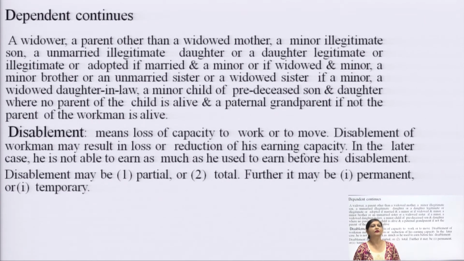In continuation, a widower, a parent other than a widowed mother, a minor illegitimate son, an unmarried illegitimate daughter, or a daughter legitimate or illegitimate or adopted if minor and married, or if widowed and minor, a minor brother or an unmarried sister, or a widowed sister if a minor, a widowed daughter-in-law, a minor child of a predeceased son and daughter where no parent of the child is alive, and a parental grandparent if no parent of the workman is alive.